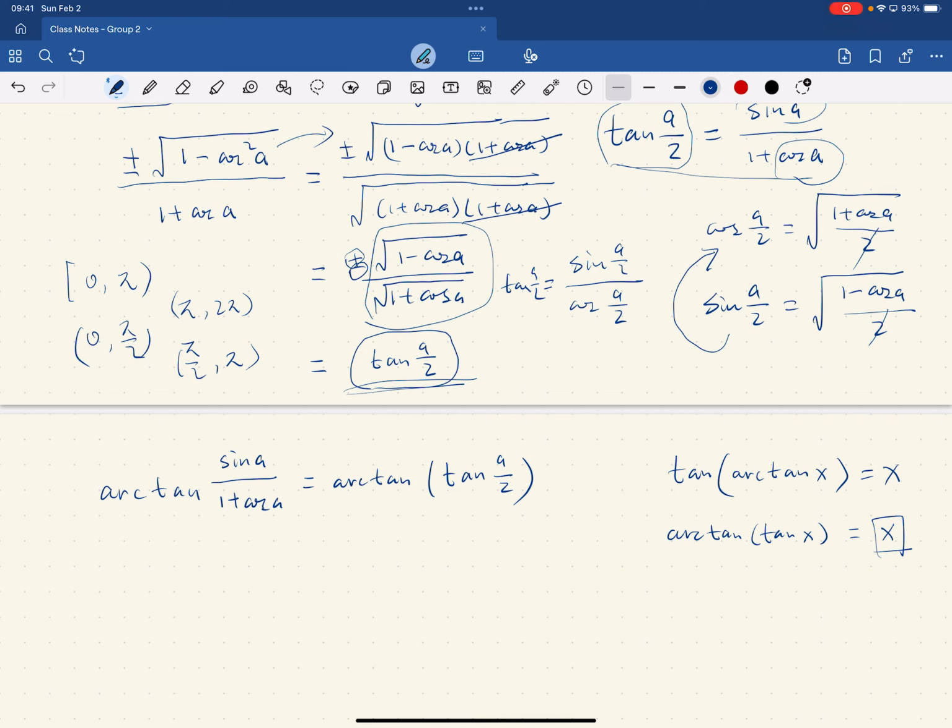We're going to adjust it to make it within the range of negative pi over 2 to pi over 2. So this is the case when we have arctan tan a over 2.